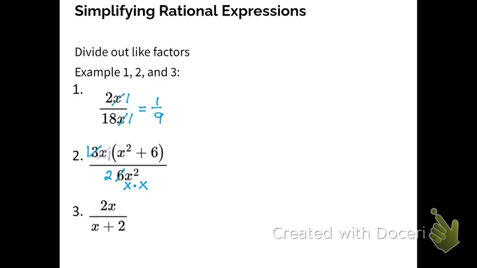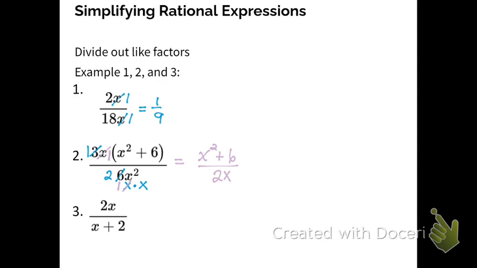X divided by x equals 1. So in the numerator, we have 1 times x squared plus 6. That's going to leave us with x squared plus 6. And in the denominator, we have 2 times 1 times x, which is going to leave us with 2x.